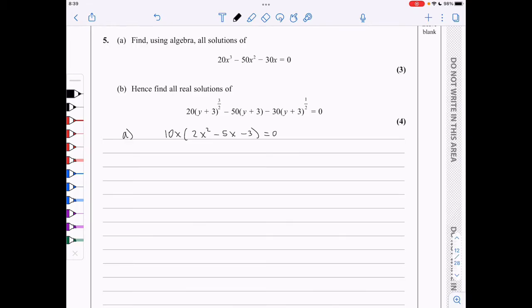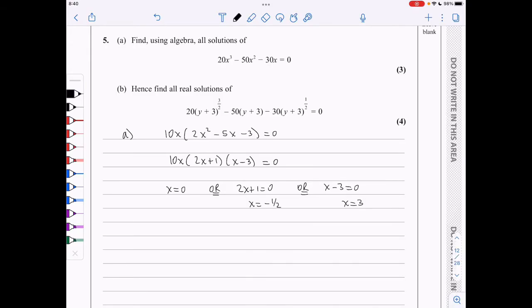I will further factorize this into 10x brackets 2x plus 1, x minus 3, and therefore there's a total of 3 solutions. Either x is 0, or 2x plus 1 is 0, or x minus 3 is 0, which leads to x is 0, or x is minus a half, or x is 3.